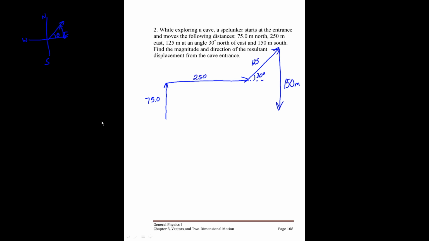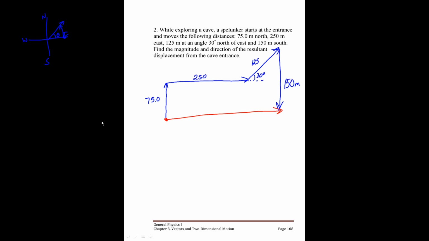Okay, so those are roughly the distances that the spelunker travels. Again, not totally to scale. And now I want to know the magnitude and the direction of the resultant from the cave entrance. That is, I want to know the magnitude and direction of that vector.